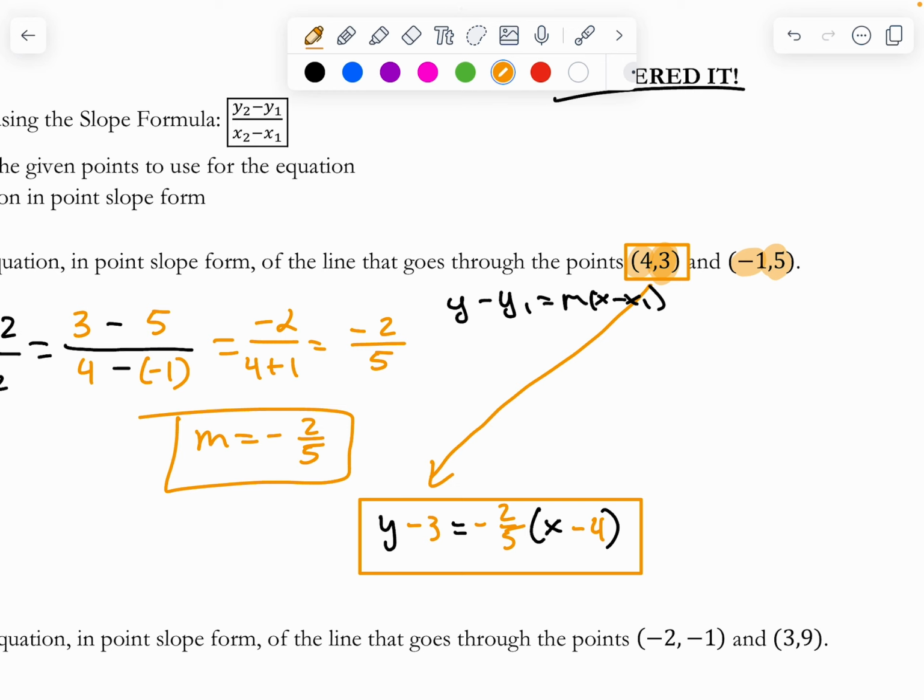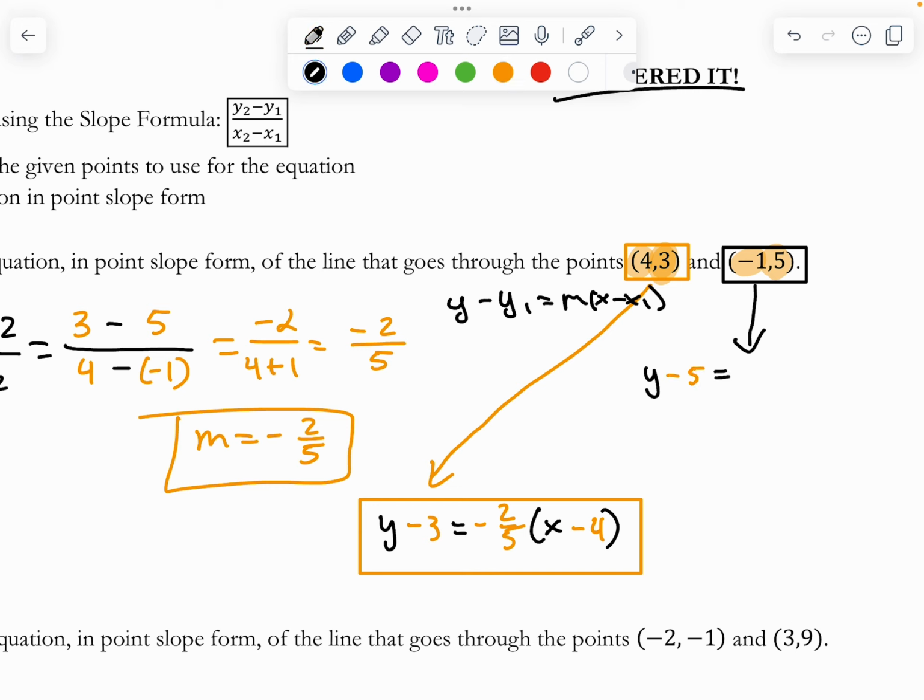Now let's do this using my second point. Here's my second point. Let's write it down here. We're going to start with y. Because I have a positive 5 in my y, we're going to write negative 5 right there. So minus 5.